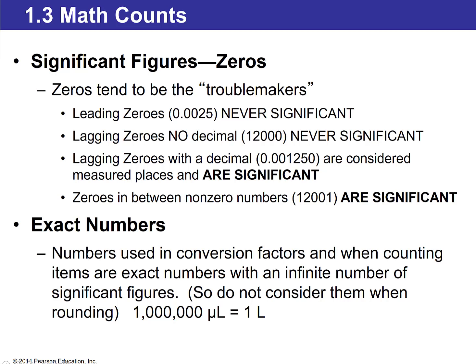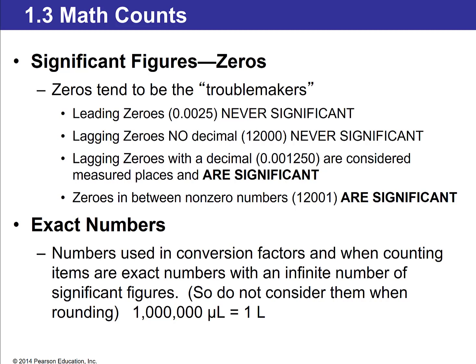Zeros are the troublemakers. So zeros, they really just hold the size of the number. So a 0 on 200 makes it 2,000. 2 zeros makes it 20,000. So zeros just make a number larger or smaller, indicating size, but they're not necessarily measured values. They might just be part of that estimate number.